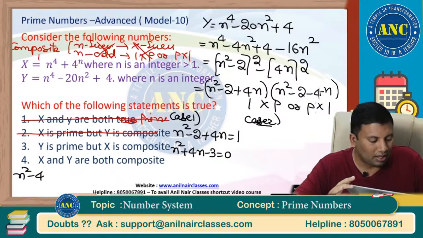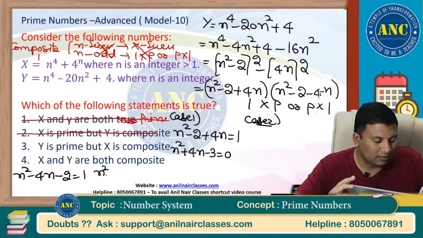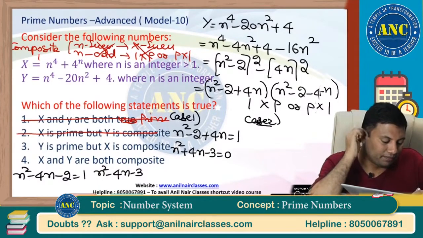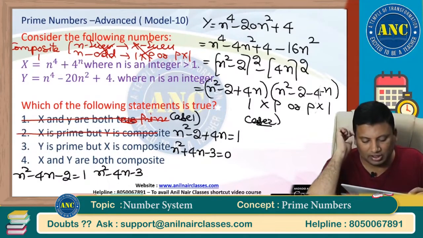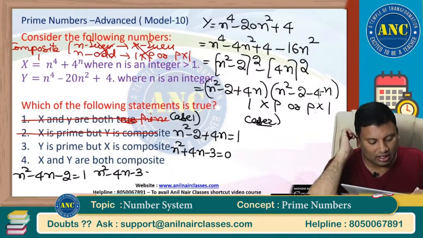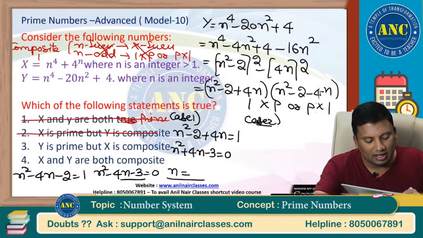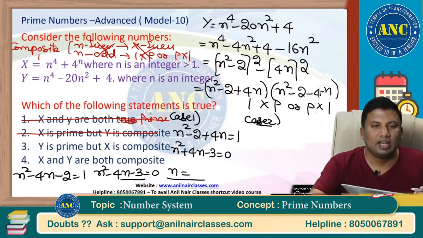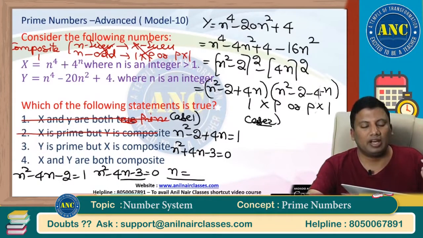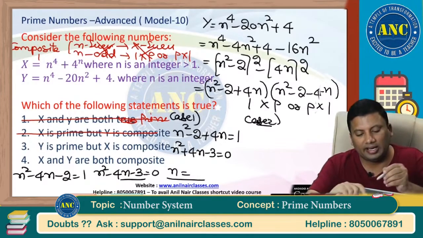N square minus 4n minus 2 equivalent to 1. This is nothing but n square minus 4n minus 3. If you get any values of n, substitute and check. If you are not getting any, then x and y are composite. I hope the idea is clear.